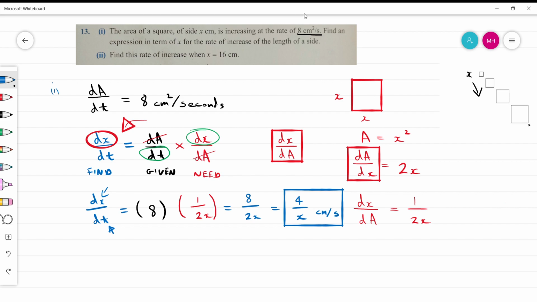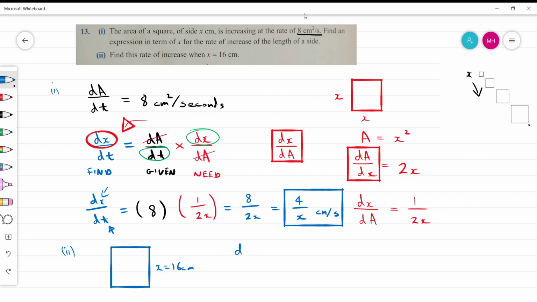Now, the second bit is just asking us for a specific time, when the length of one side of the square is 16 centimeters. So x in this case is 16 centimeters. And the question is, find this rate of increase when x is 16.